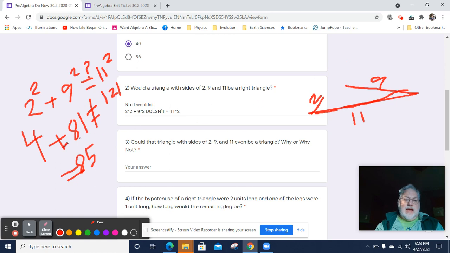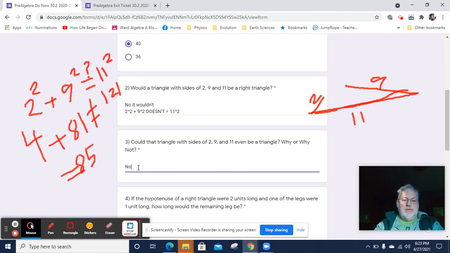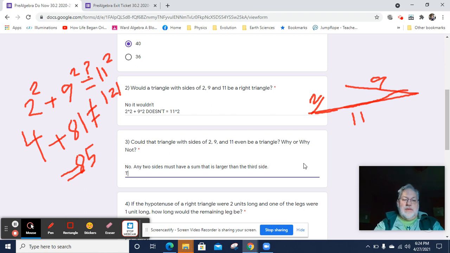This is going to be a collapsing roof problem. So, no. Any two sides must have a sum that is larger than the third side. That is a general rule for triangles. This would be a collapsed roof.